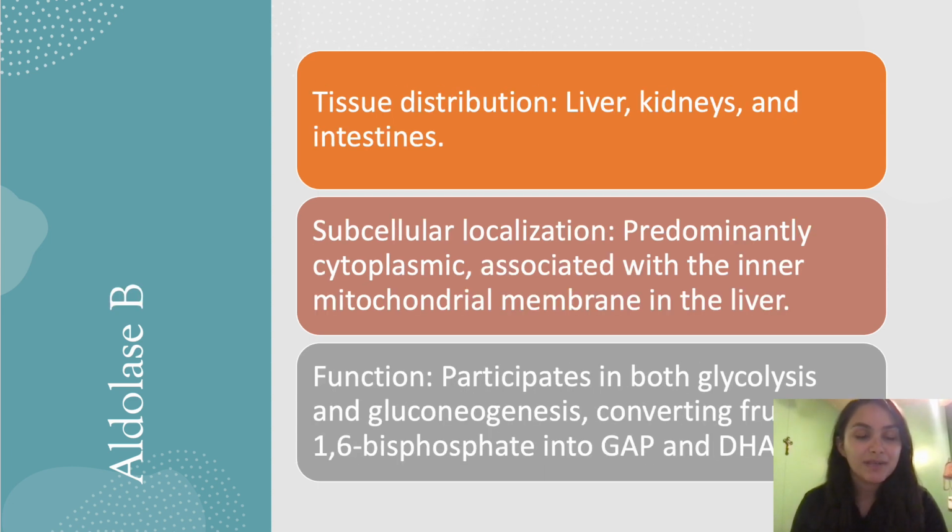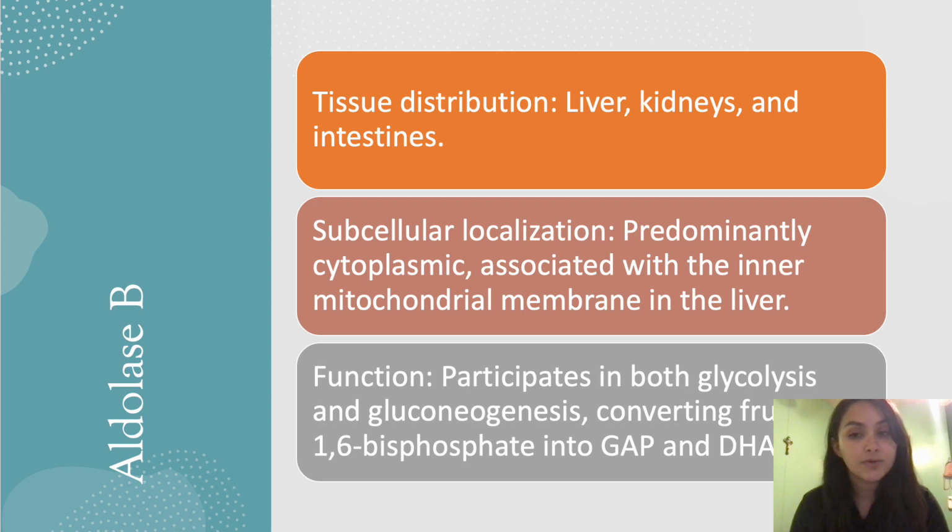Now, aldolase B, on the other hand, is primarily expressed in specific organs involved in carbohydrate metabolism. These would be the liver, kidneys, and intestines. The subcellular localization is predominantly cytoplasmic, associated with the inner mitochondrial membrane in the liver.